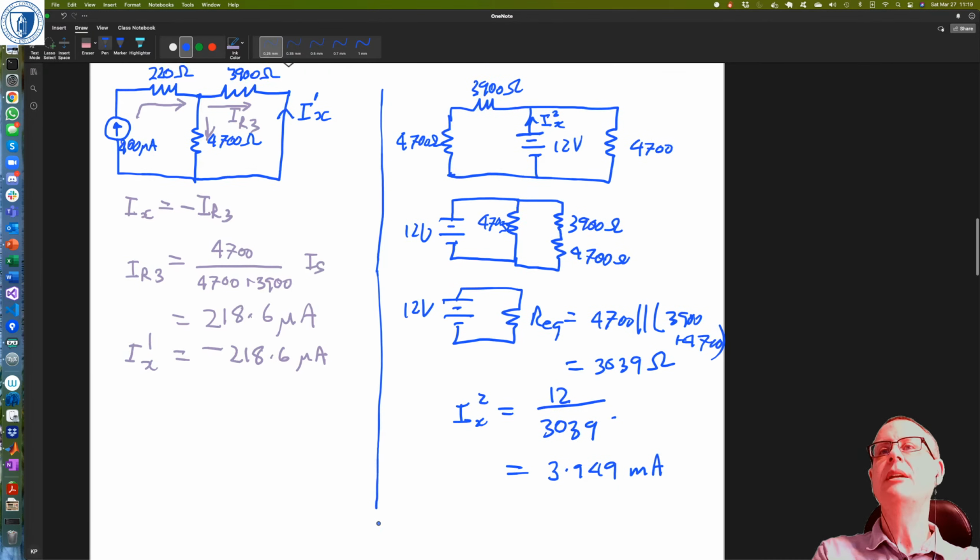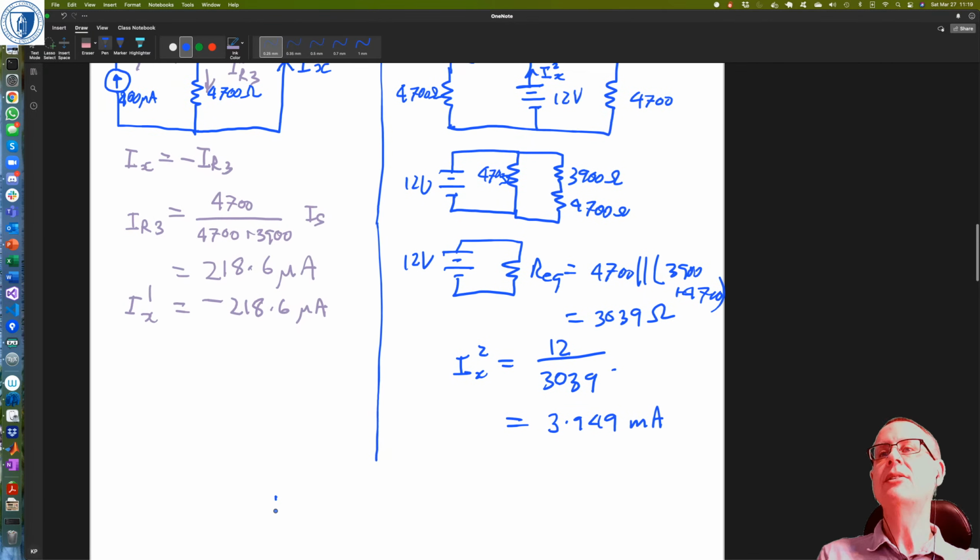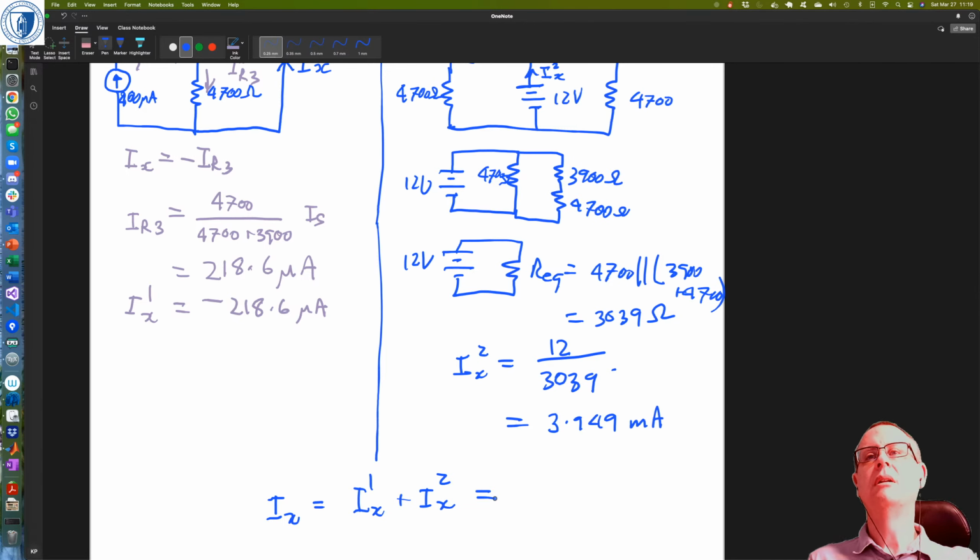Okay, so then the overall answer, IX total, is equal to IX1 plus IX2, and I should use brackets or parentheses around those to make sure it's not taken as squared.